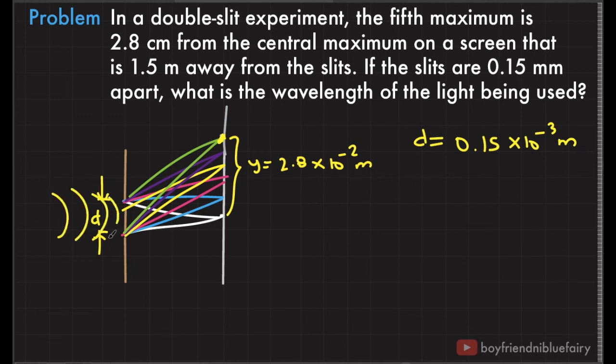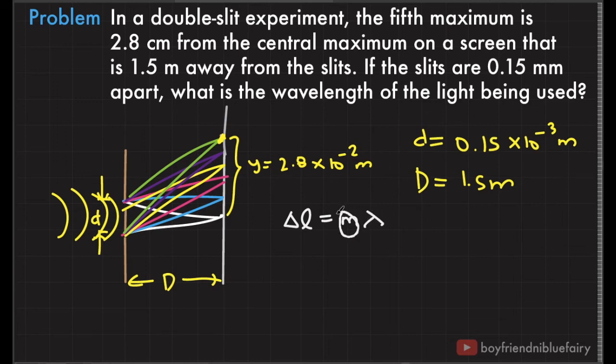When we illuminate this with light, it produces an interference pattern wherein the fifth maximum is at y equals 2.8 times 10 raised to negative 2 meters away from the central maximum. This screen also is at a distance capital D away from the slits, and D equals, based on the given, 1.5 meters. So first of all, in order to produce a bright pattern or a maximum, the path difference of the two rays here should be an integer multiple of their wavelength.